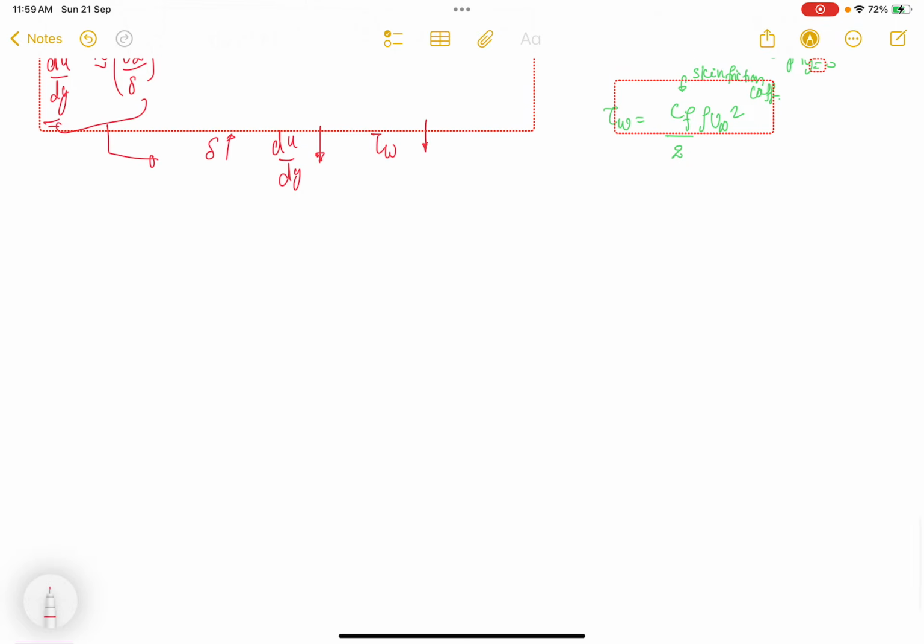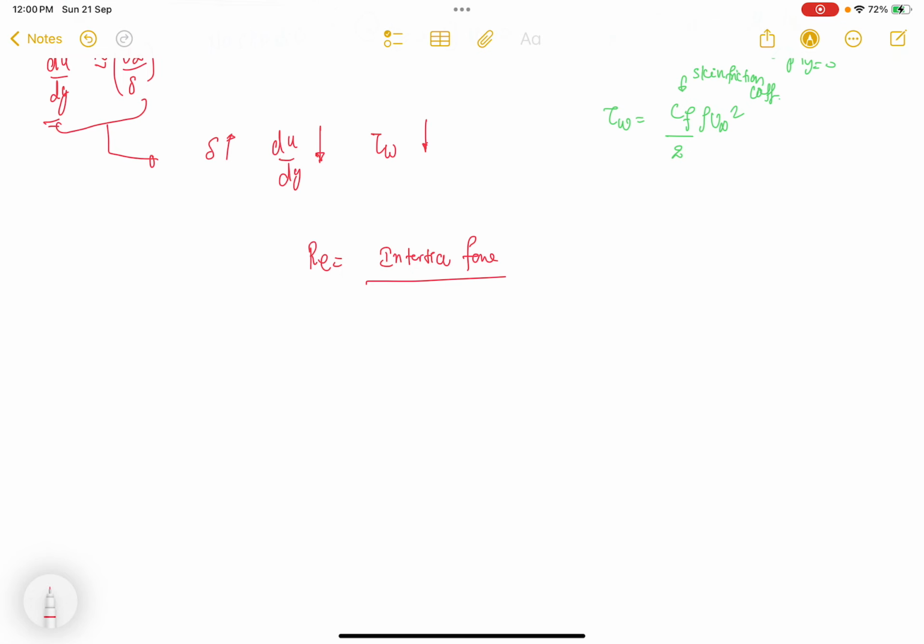There are some non-dimensional numbers which I am going to introduce here. First is the Reynolds number, which is nothing but the inertia force divided by the viscous force.